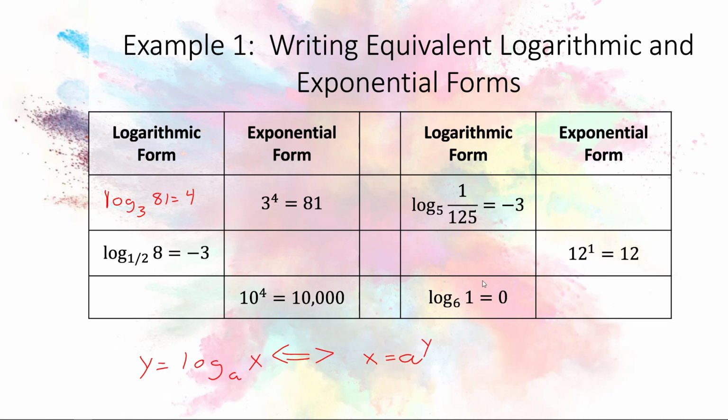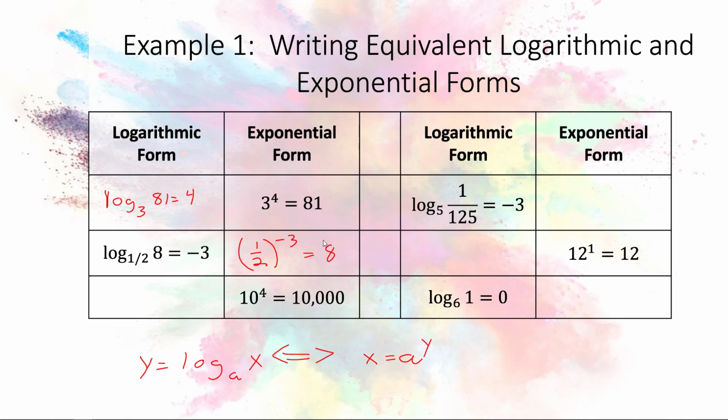Okay? Let's take a look at this one right here. Now this is log base 1/2 of 8 equals -3. So -3 is the number that 1/2 must be raised to in order to achieve 8. So 1/2 is the base. You want to write that as that. We need to raise 1/2 to the -3 power, and if we do, we will get 8.